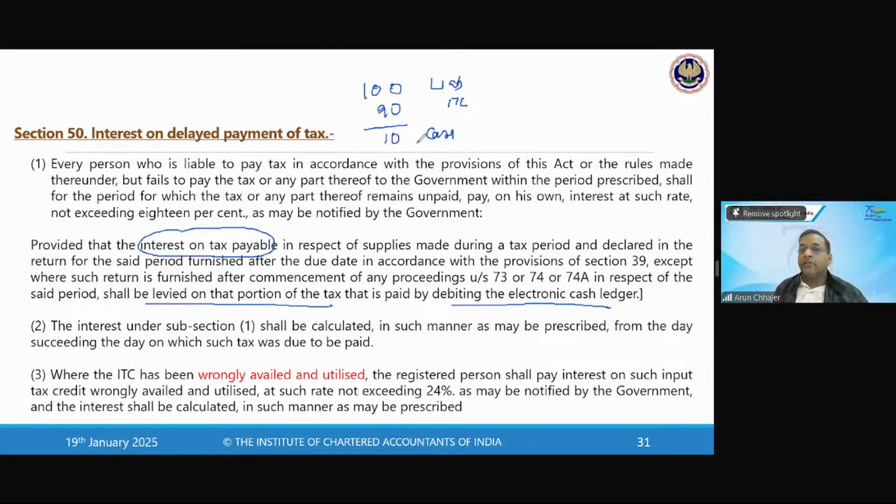Answer is 10. So I will pay the interest only on 10. Clear? What will be the rate? Rate will be so much as will be prescribed, but maximum rate will be 18%.